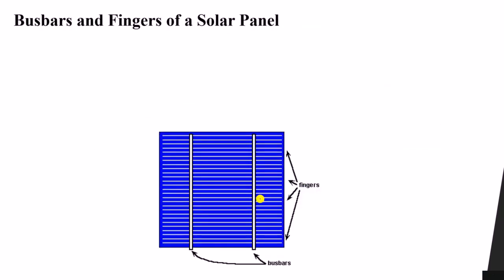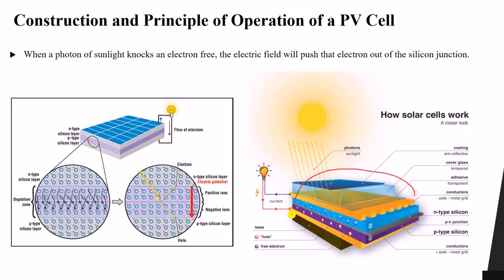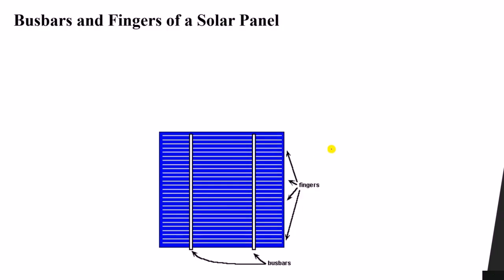Now if you look at each cell, or each block of the PV panel, it will look like this, representing one cell.